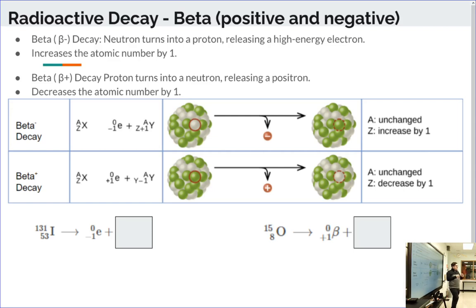So in beta decay, either a neutron or proton is what you start with, and it flips to its other constituent. How does that work? Think of a neutron. It splits into a positive side and a negative side.